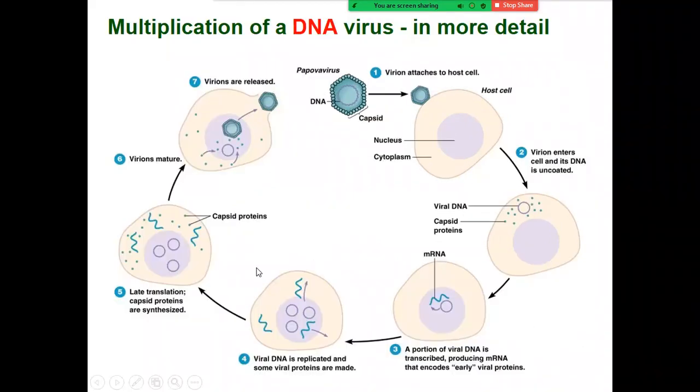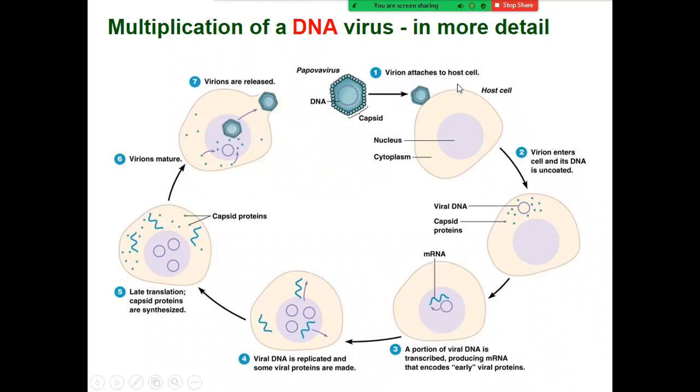So initially, a virus will infect a cell, and we're talking about a DNA animal virus, but a DNA human virus specifically. And the virus attaches to the host cell. We did mention that there are ligands or adhesion molecules on the virus that bind to receptors on the host cell. And both of these molecules, both the adhesions as well as the receptors, tend to be glycoproteins.